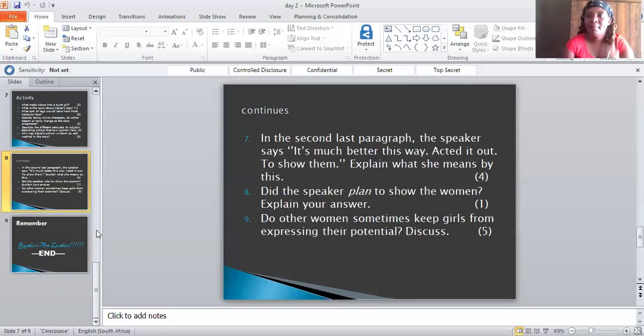So check the marks so that you may be able to know. You can see this one, it says 5 marks. It means answering it cannot be like number 8 where it says explain your answer and gives you 1 mark. So these are other things that when attempting questions based on the short story that you've been reading, you should also focus on the marks allocated.